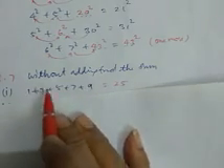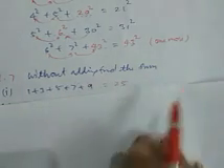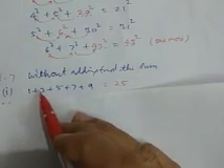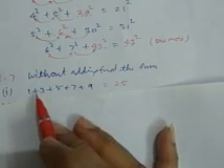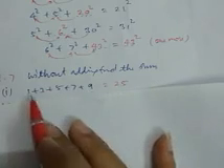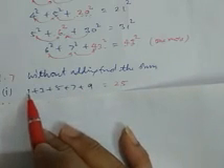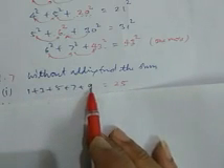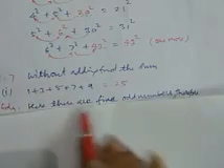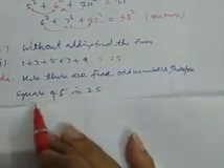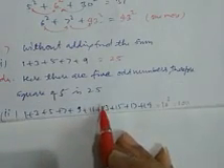Now our question: without adding, find the sum. Previously we learned that when there are consecutive odd numbers, there is no need to add them, just count them. Here 1, 2, 3, 4, 5. So the square of 5 is 25. Here there are 5 odd numbers, therefore the square of 5 is 25.